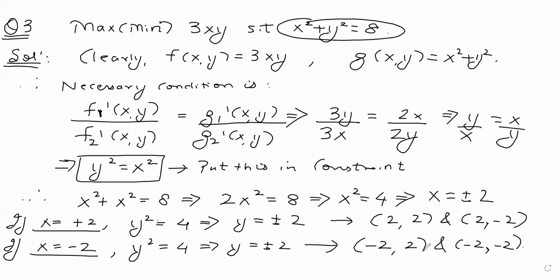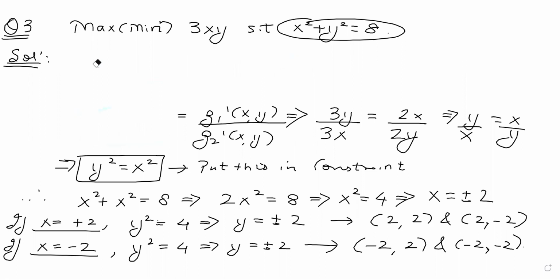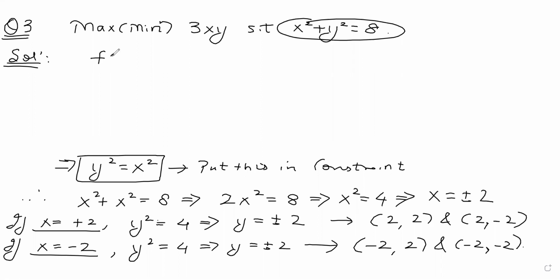We need to just plug them in the function. So I can erase the initial part. All I have to do is to plug in these values in the function. Our function is f of xy, and let me make the proper table.